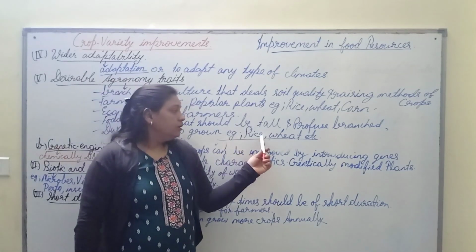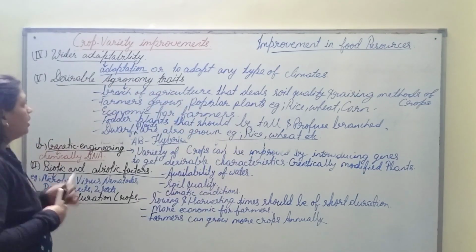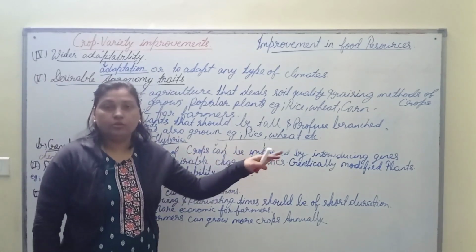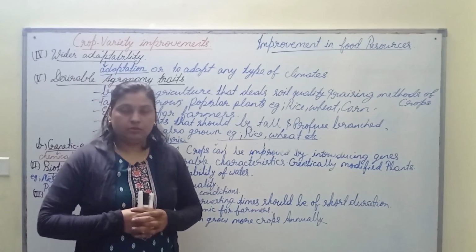Examples are rice, wheat, etc. So such type of plants should be grown that will not waste the soil nutrients.